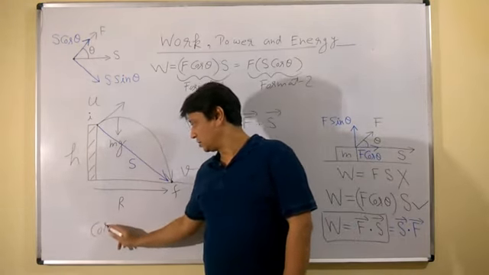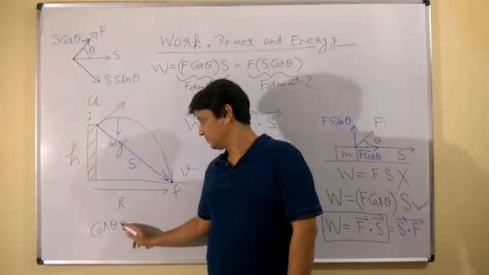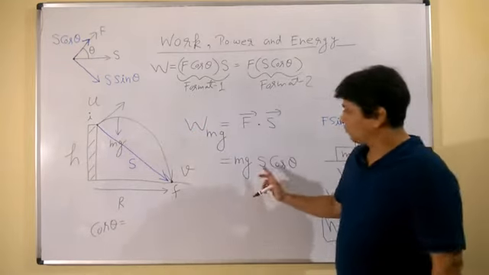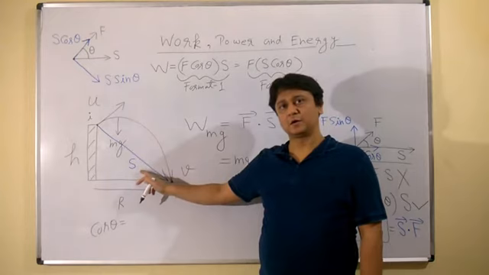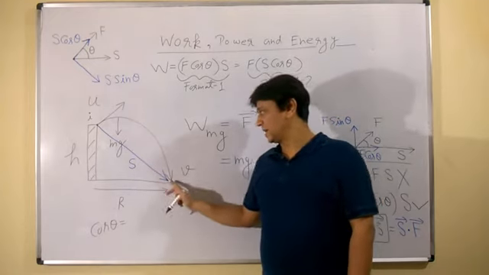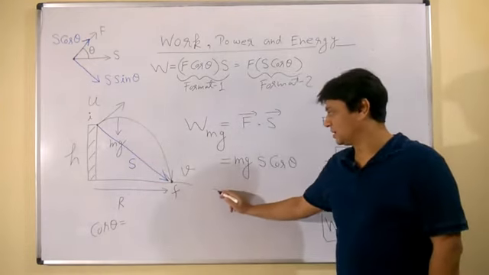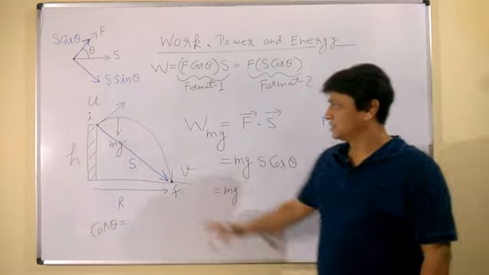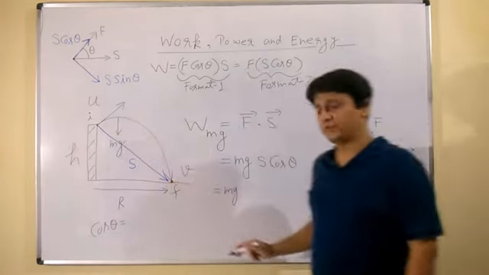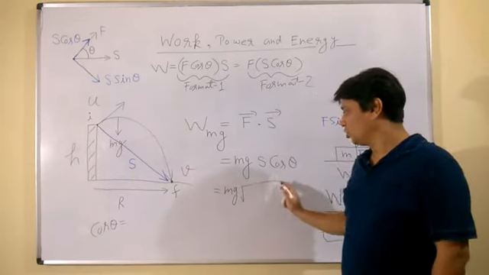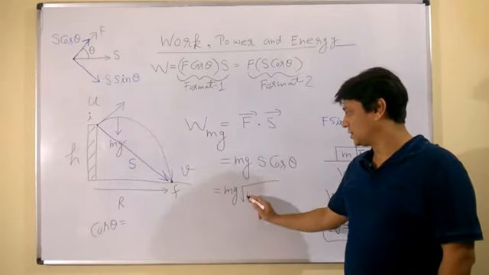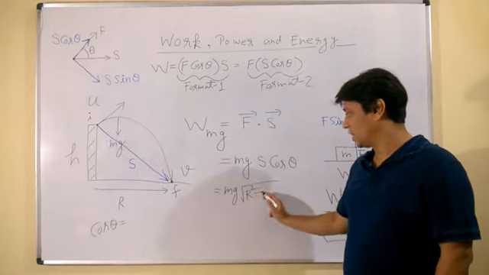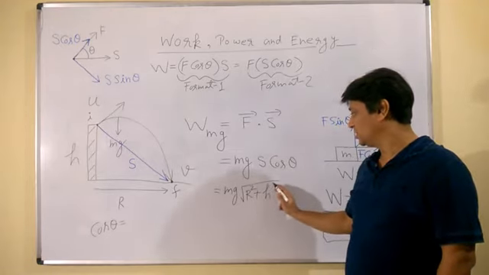Get me cos of theta. We can see displacement. What is displacement? If I ask you displacement, you would simply write root over R square plus h square.